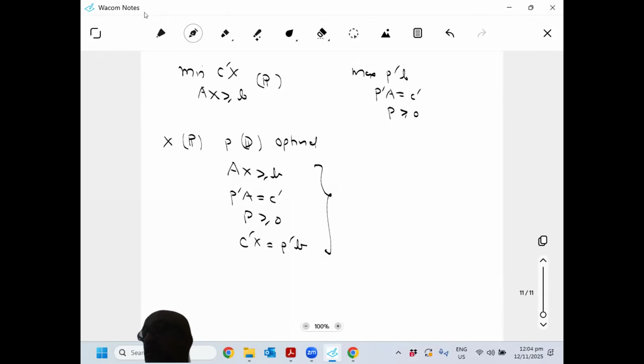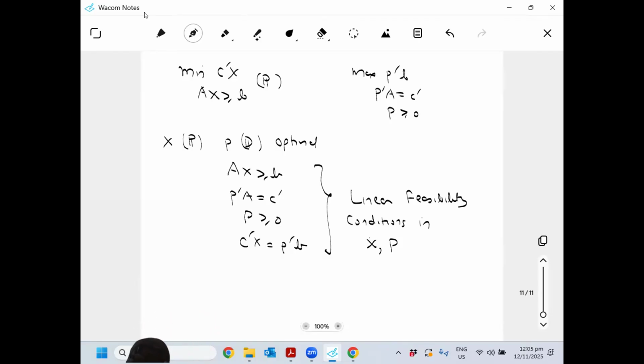This is a set of linear feasibility conditions in x, p. If I can solve these conditions, I solve my optimization problem. So I can think of optimization as a feasibility problem in the primal dual space, from strong duality.